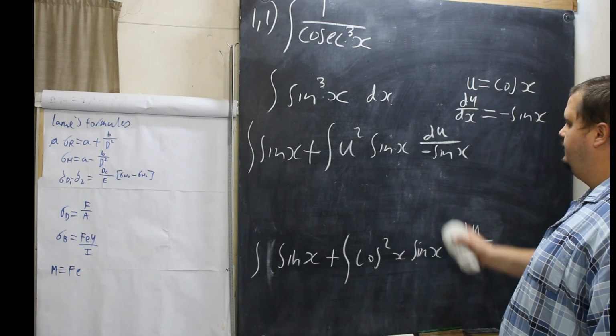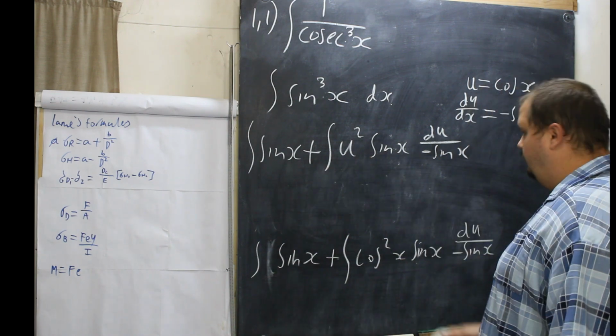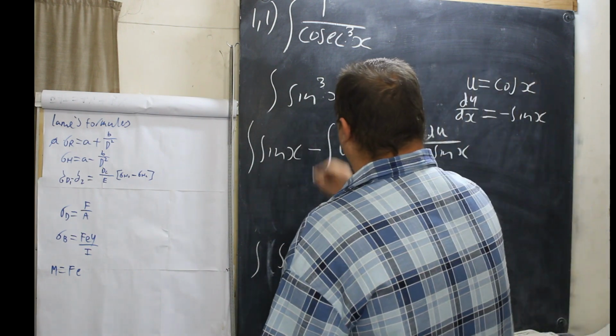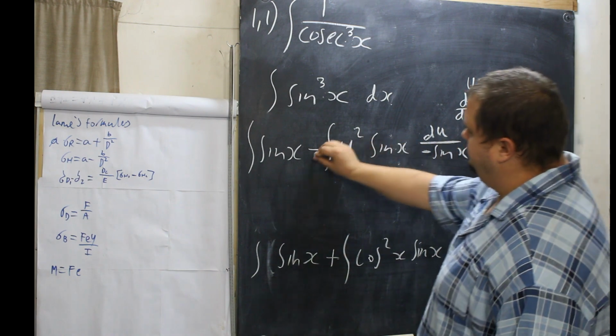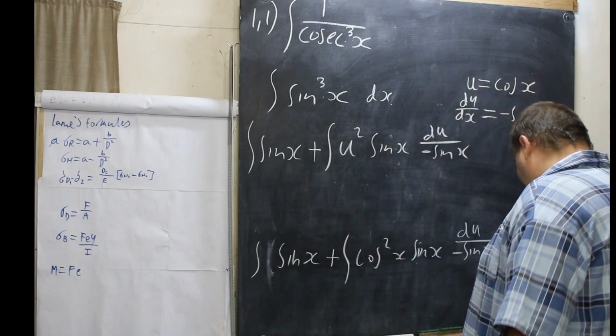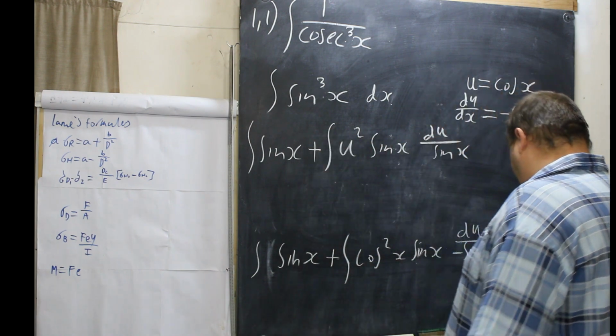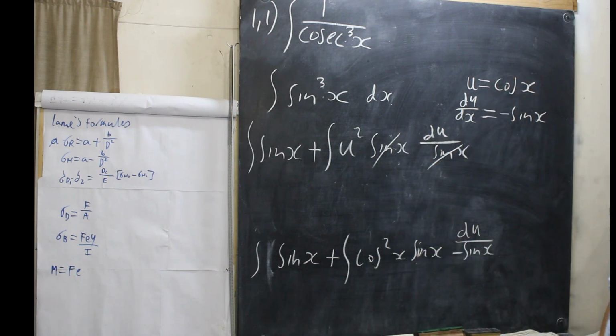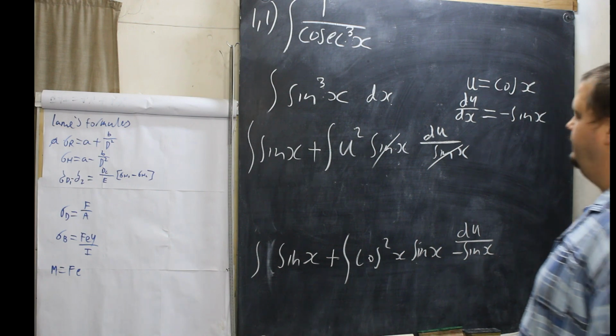That was a minus before, so let's make it a minus again. Minus times a minus is a positive, and that cancels off. And sine x cancels with sine x. So we're left with du.